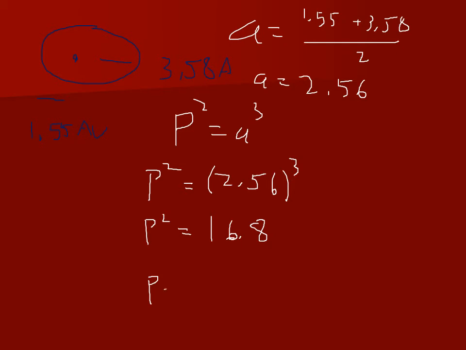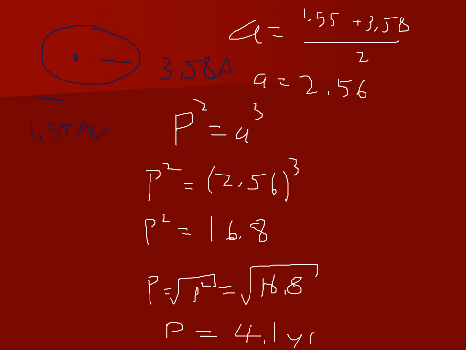Well, P is the square root of P squared, so that's going to be the square root of 16.8. If I take the square root of 16.8, I get 4.1. So that means that it takes 4.1 years for that asteroid to orbit the sun.